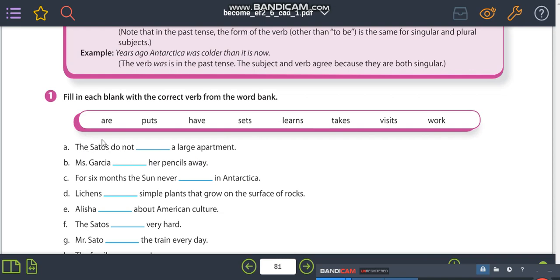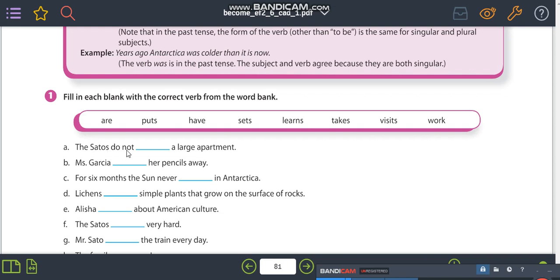The Satos are my subject because they do not a large apartment. So the Satos is my subject. The subject is the plural form. The only subjects that modify the verb is the ones that are in the third person singular. So if they are in the plural form, we already know that we don't have to put an S in the end of the verb.